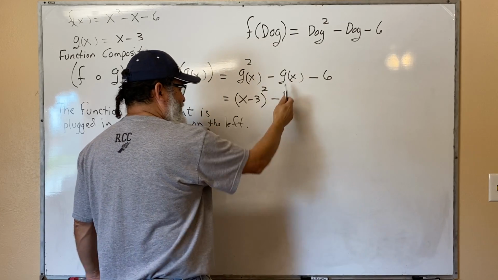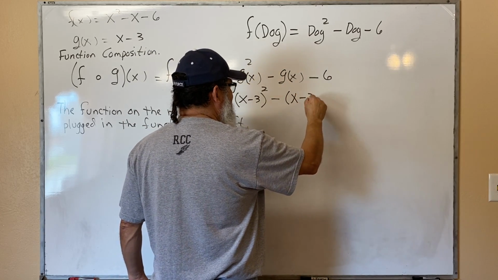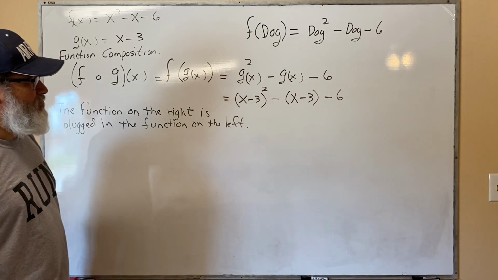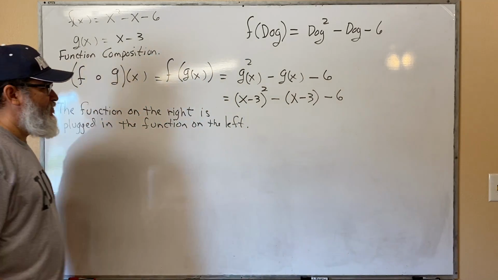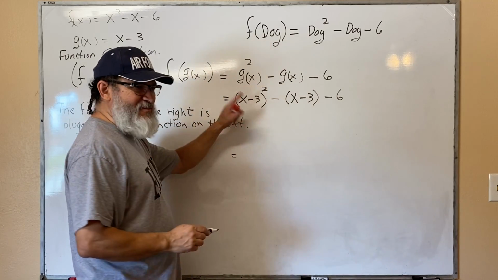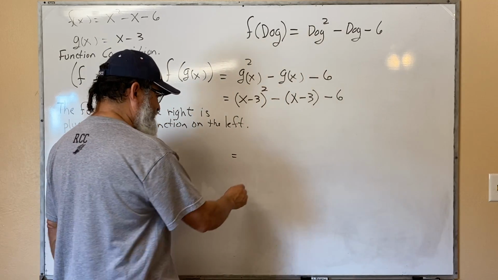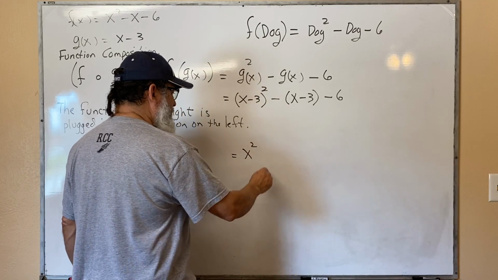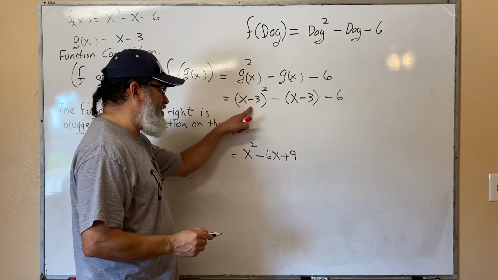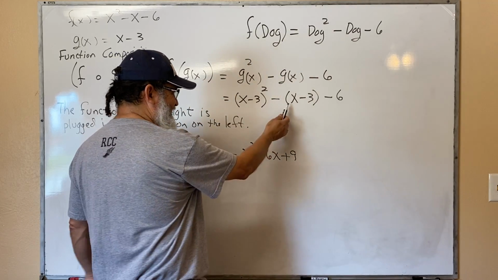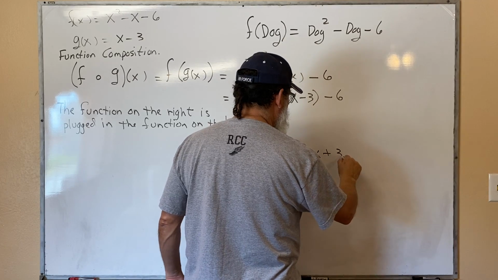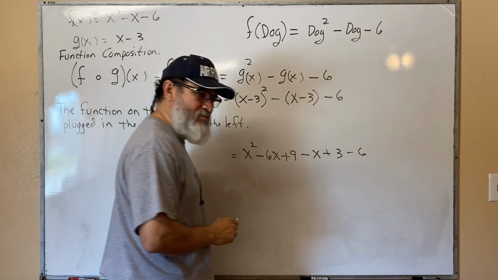Minus, what is g? X minus 3, minus 6. Let's finish it. What's x minus 3 squared? X squared minus 6x plus 9. When you square this, that's what you get. And that's a minus x plus 3 minus 6.